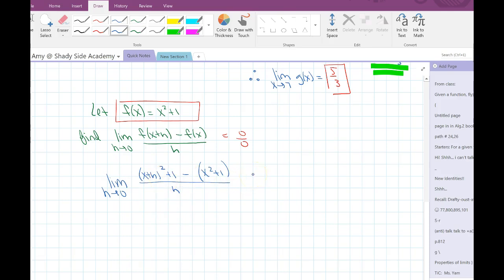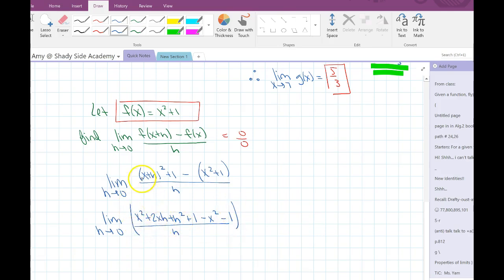Well, I'm going to simplify because here, even if I sub in h for 0, I would still get 0 over 0. I haven't made any progress. But I think I'm going to go now and do this. Limit as h approaches 0 of, all right, x squared plus 2xh plus h squared plus 1 minus x squared minus 1, all divided by h.